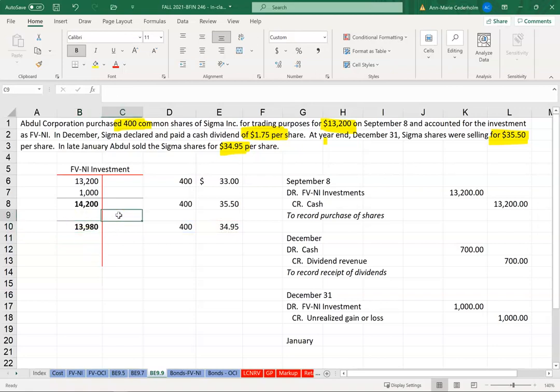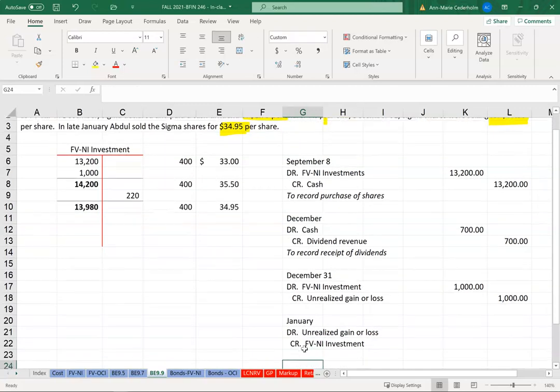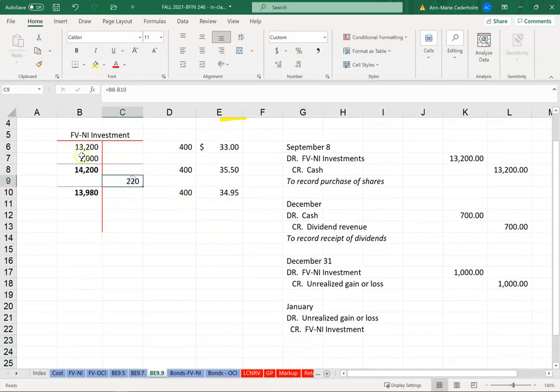In this case, I'm going to decrease this account by the difference. So I'll debit my unrealized gain or loss and then credit my fair value through net income investment. This one's pretty easy because I know the debits and credits. This one's a debit and this one's a credit. Once you do that, the opposite side is either going to be your loss or gain.